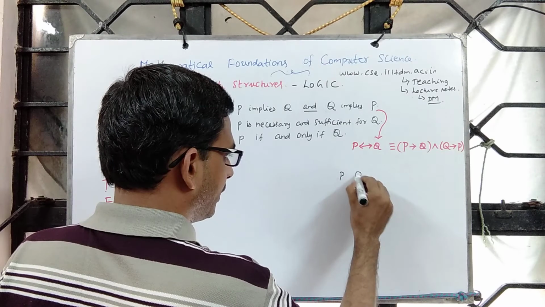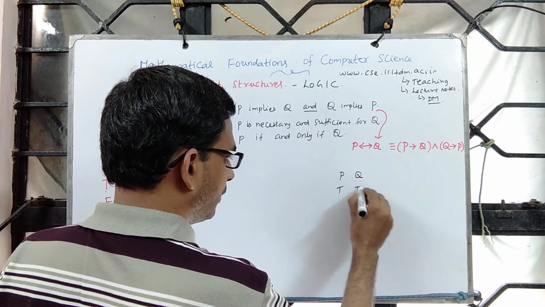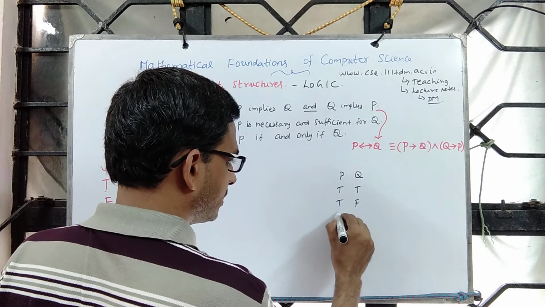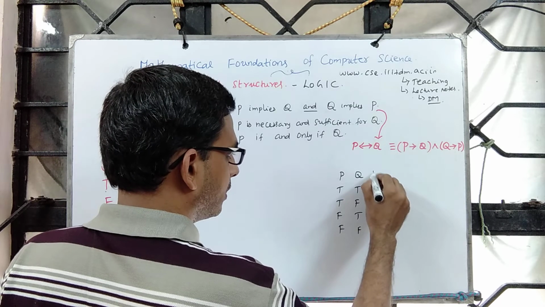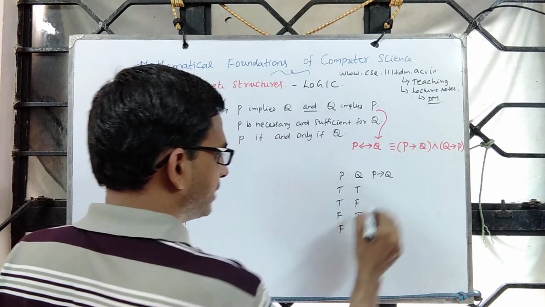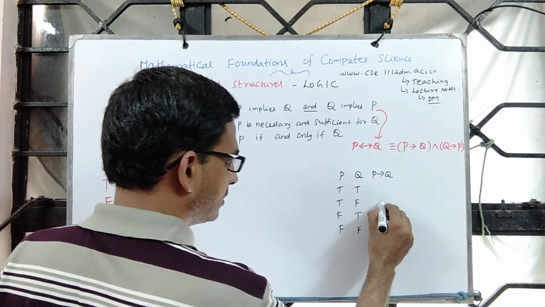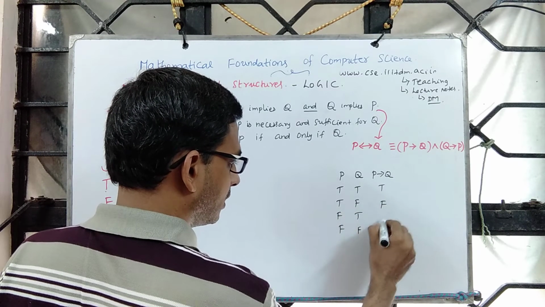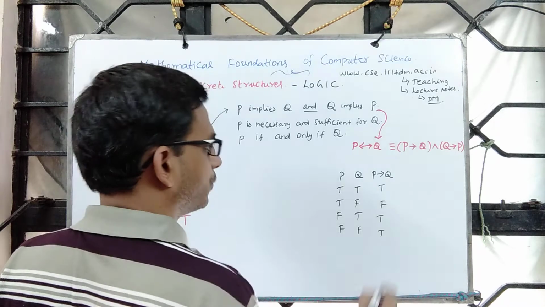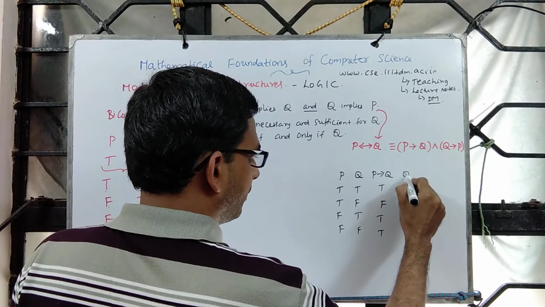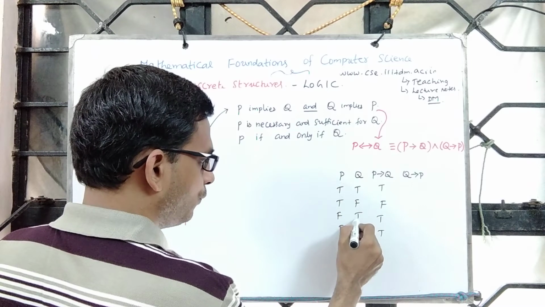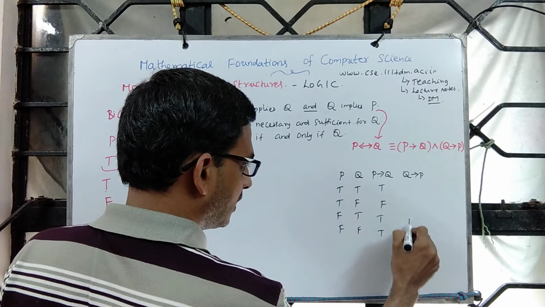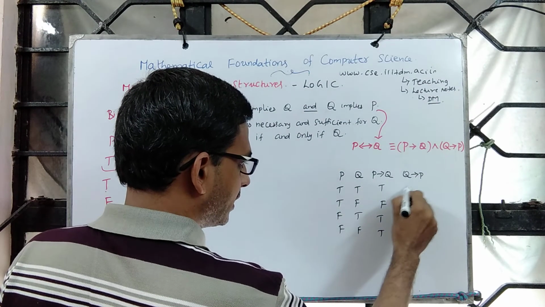You have P and Q, taking the values true true, true false, false true, false false. P implies Q says when this happens it is false, in the rest of them it is true. Look at Q implies P: in true false alone it is false, in the rest of them it is true.